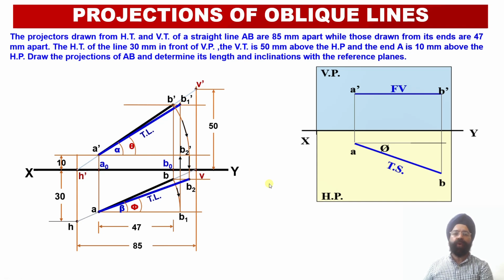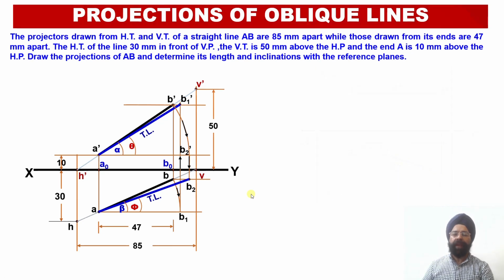This is an accurate construction without any error, because you cannot have two true lengths for any given line. So these two true lengths, one in the front view and another in the top view, should be equal to each other: A dash B1 dash should be equal to AB2.